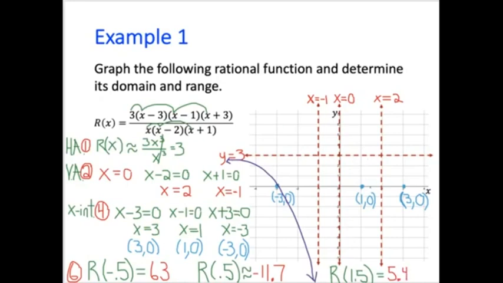And we can go ahead and plot that point. So we have x equals 1.5 and y equals 5.4. That's going to be about right here. So let's go ahead and label our point. We have 1.5, 5.4.